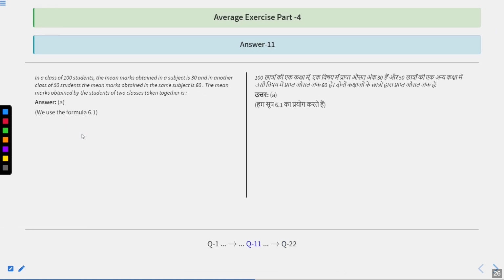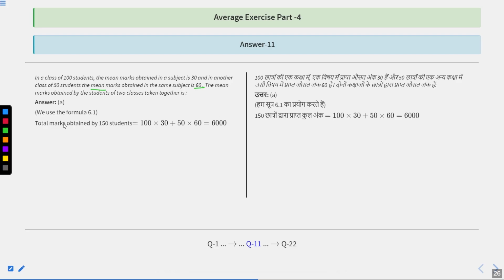Now we are using formula 6.1. The question says 100 students and mean; mean means average. The average mark obtained in a subject is 30. And in another class of 50 students, the mean or average mark is 60.